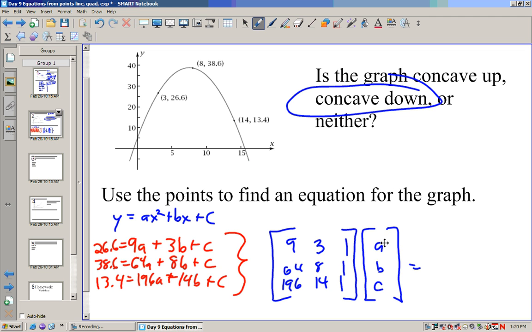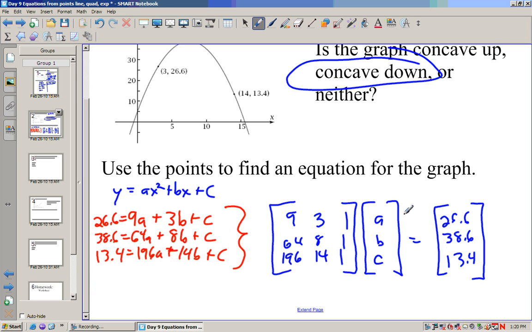So 9 times A plus 3 times B plus 1 times C, which is 9A plus 3B plus C, then 64A plus 8B plus C, and 196A plus 14B plus C. Now what that equals is the right-hand side of 26.6, 38.6 and 13.4.